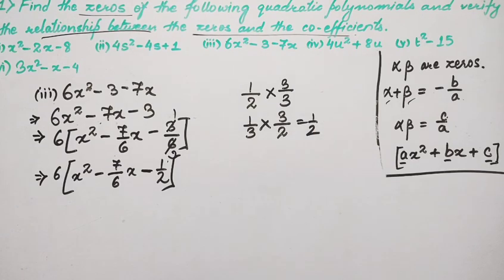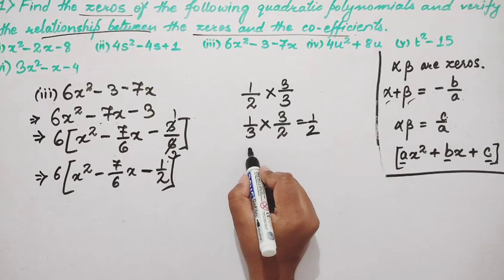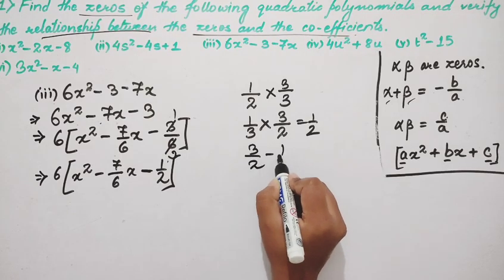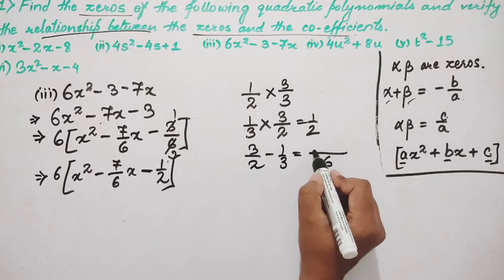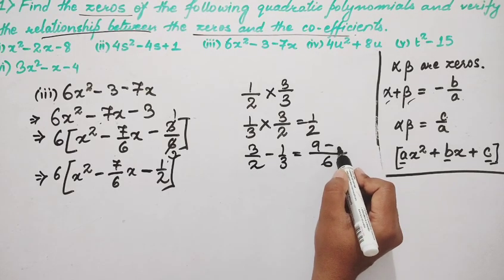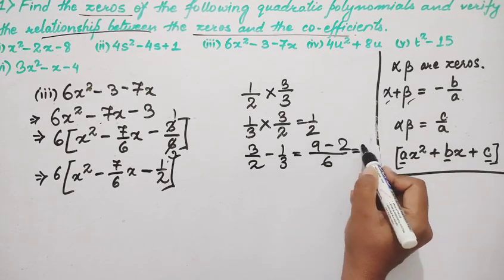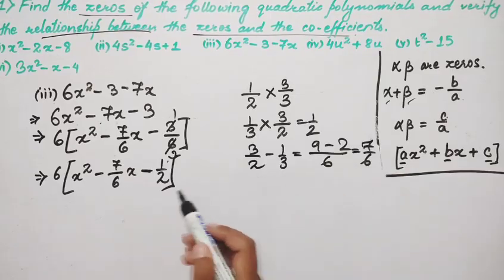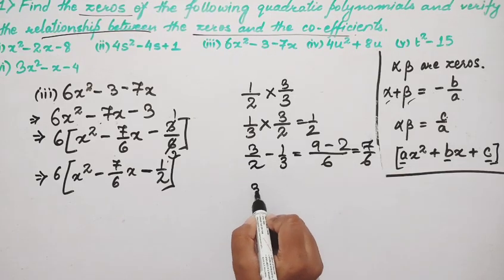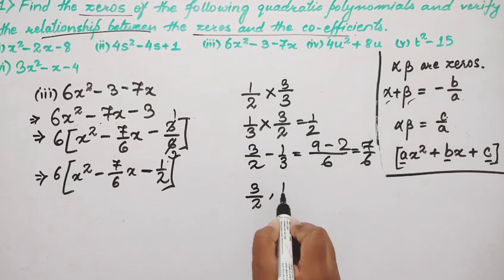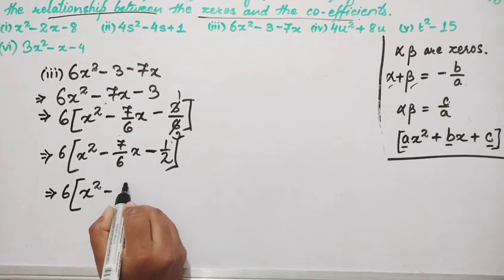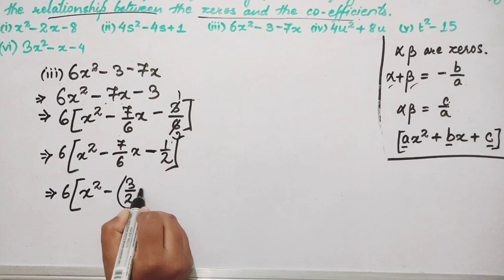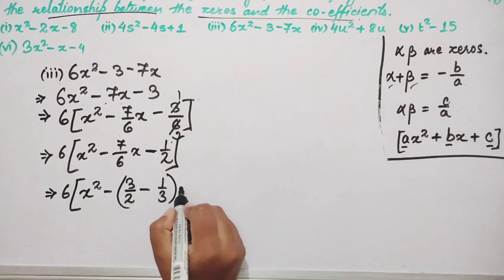And let us see, when we subtract the numbers, 3 by 2 minus 1 by 3 is, 2 into 3 is 6, and 9 minus 2 is 7 by 6. So we got the numbers. The numbers that we have to use are 3 by 2 and 1 by 3.